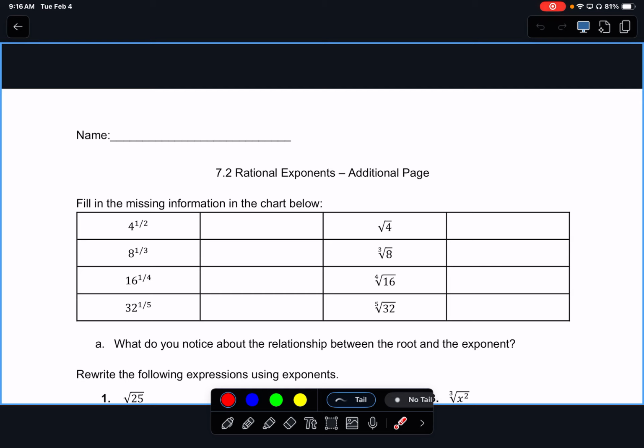Yeah, it can't do that big of a number. So right there, if you have that, that's just a square root. And then now you put 3.